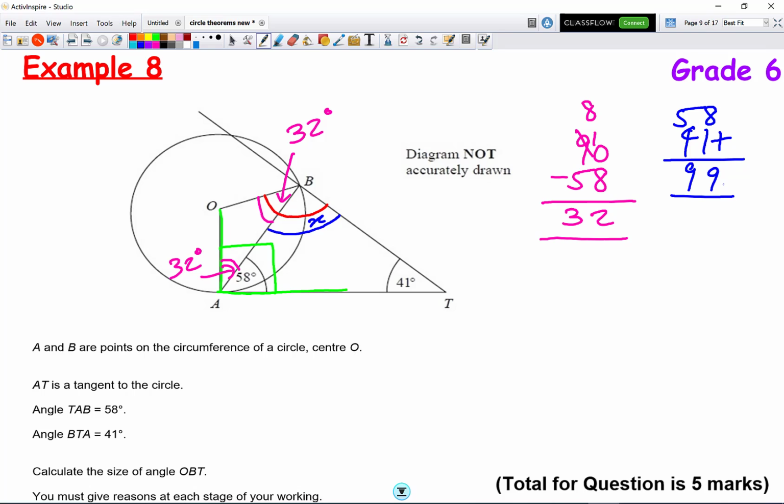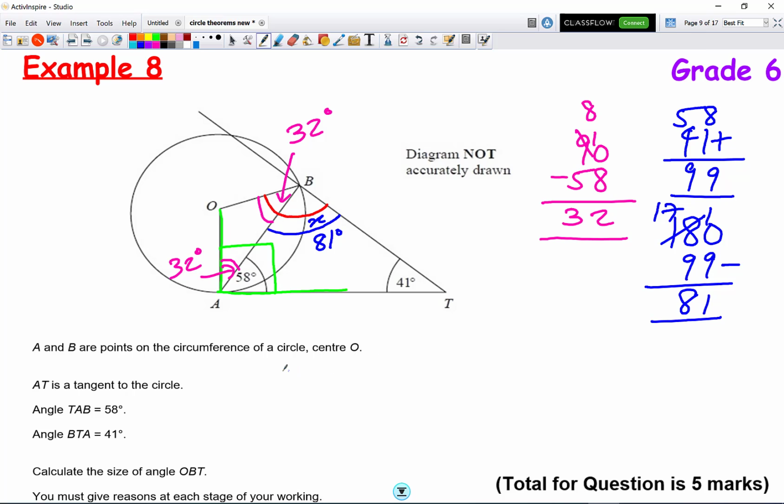So then I can do 180 minus 99, and then I can do, borrow one from that, 17, and I get the following. 10 minus 9 is 1, 17 minus 9 is 8, so I get 81. So I know that this value is 81 degrees, and I want to find the whole of angle OBT.